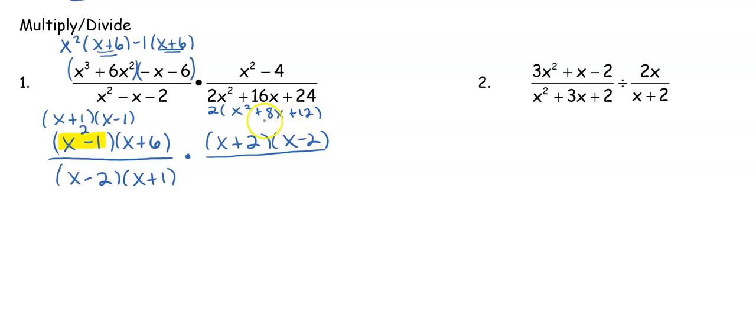Multiply to 12 and add to 8. That's going to be 6 and 2. So in the beginning I said I probably would take this to one more step. I don't like it being messy like that, so I would have left it as x squared minus 1 there and then just brought it down to x plus 1, x minus 1.